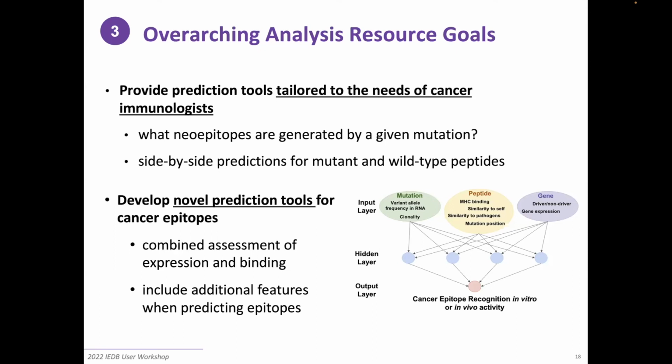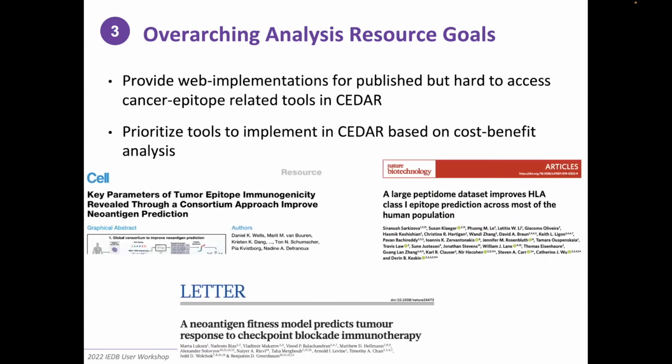And so we want to take that into account and develop novel prediction tools for cancer epitopes with a combined assessment of expression and binding, for example, and additional features, some of the ones I already mentioned. The other point is that there are a number of tools that have been independently developed by different groups that are focused on cancer, neoepitopes, neoantigens, and so forth.